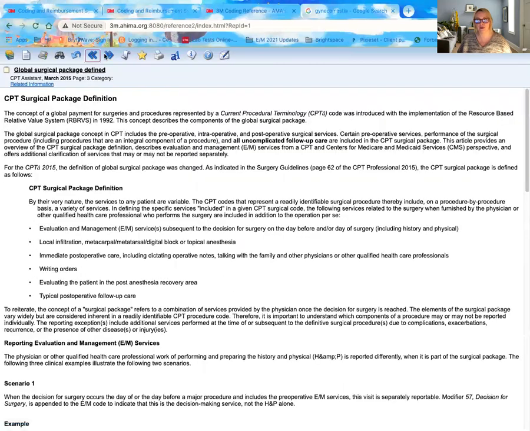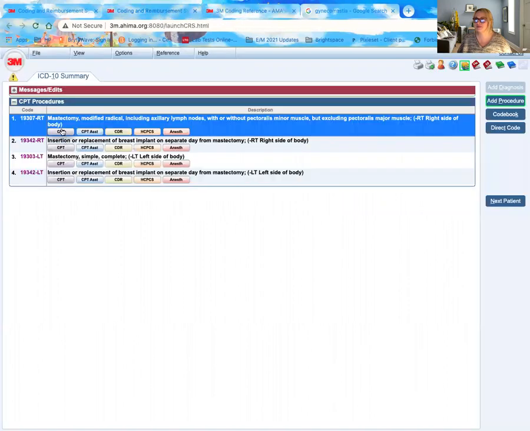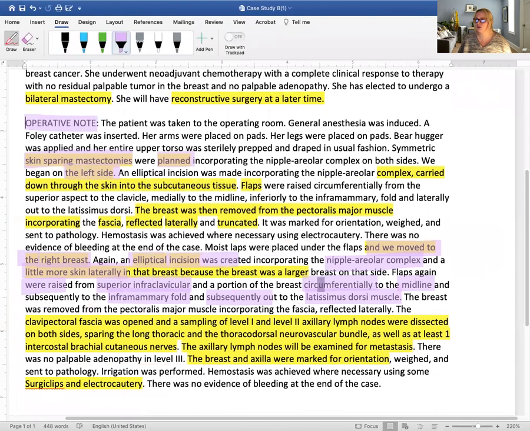Now I have to go backwards and see what we were looking at. 19307 can include the pectoralis muscle, but it excludes the pectoralis major muscle. Okay, so it's important to keep that in mind as we're looking through here.